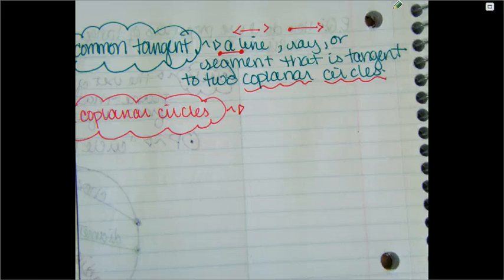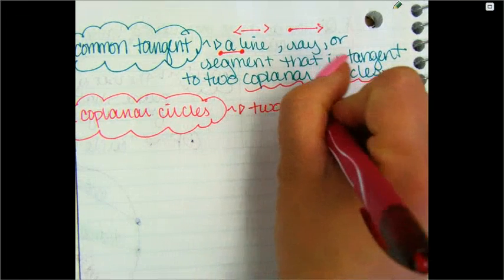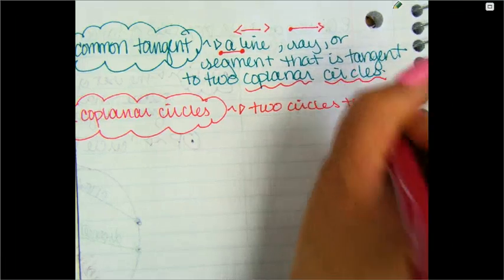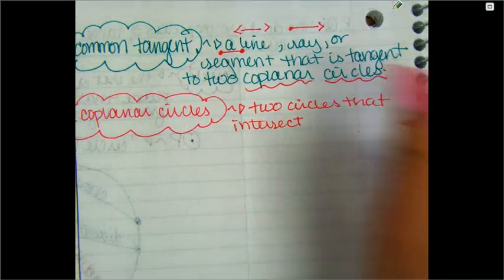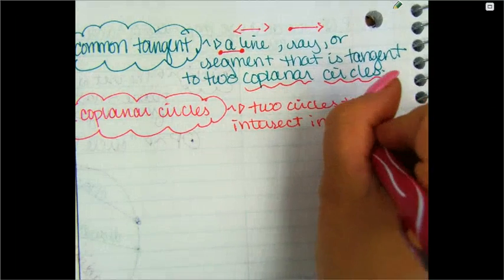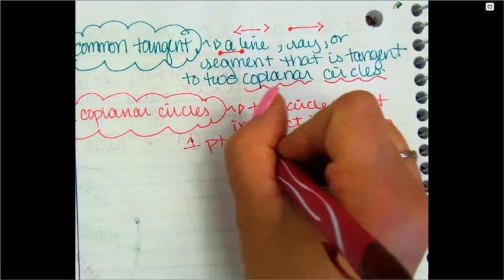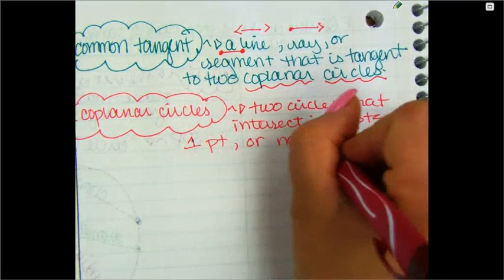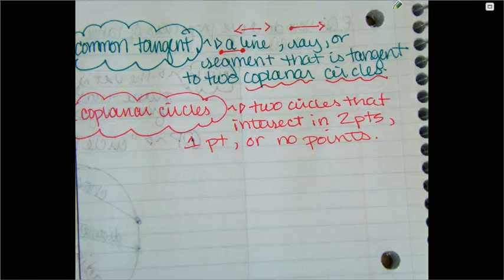Coplanar circles are two circles that intersect at 2 points, 1 point, or no points.